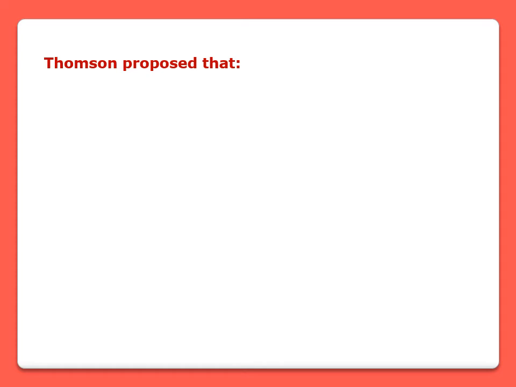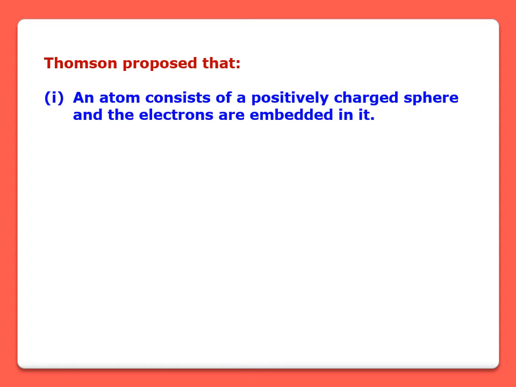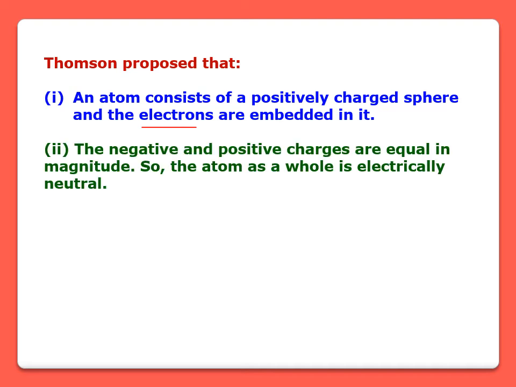In his atomic model, Sir J.J. Thomson proposed very important points. He proposed that the atom consists of a positively charged sphere and the electrons are embedded in it, right? And the second point was that the negative and positive charges are equal in magnitude. That is why the atom is electrically neutral.